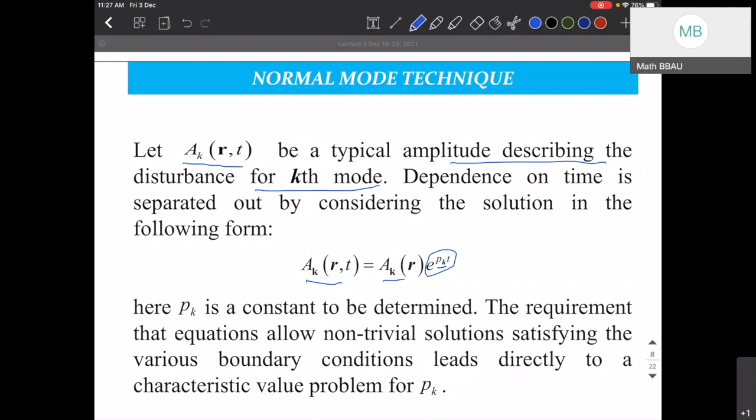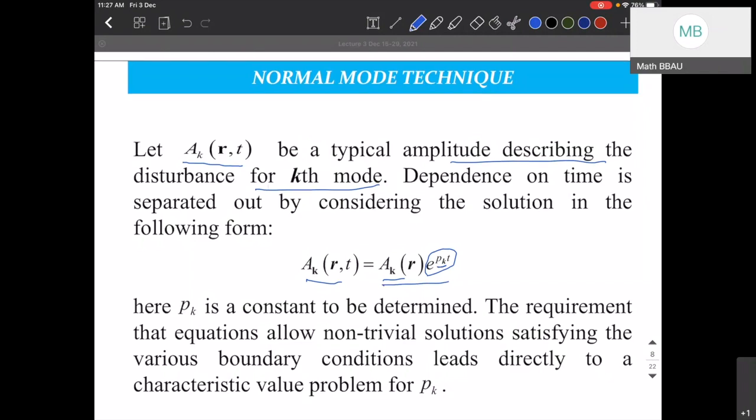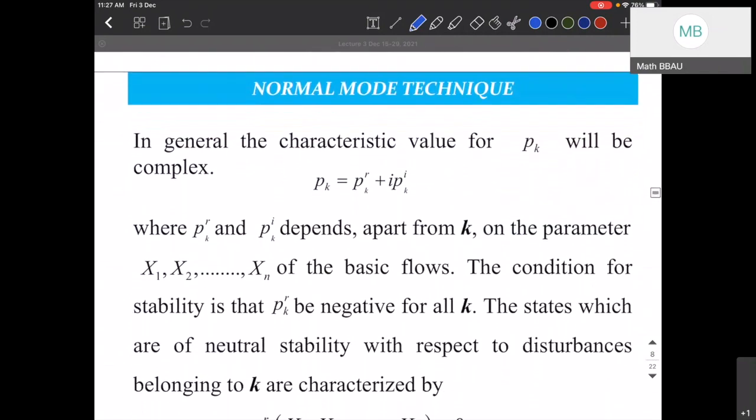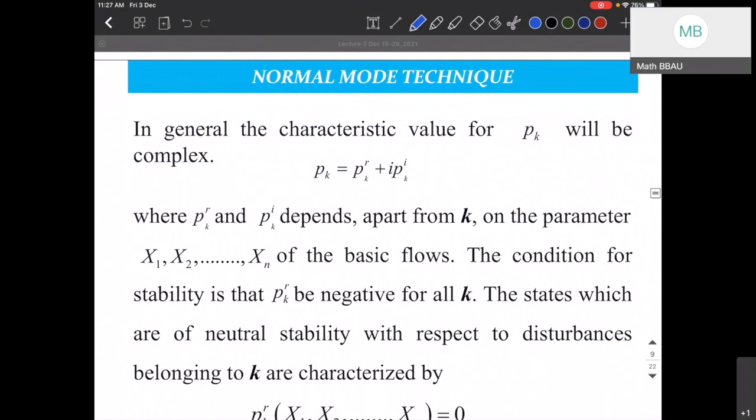So we use this A_k(r,t). Each perturbation can be expressed like this, and then we will get the linear perturbed equations, which were partial differential equations. Now we will get those equations transformed into ordinary differential equations, where we can calculate the value of p_k.